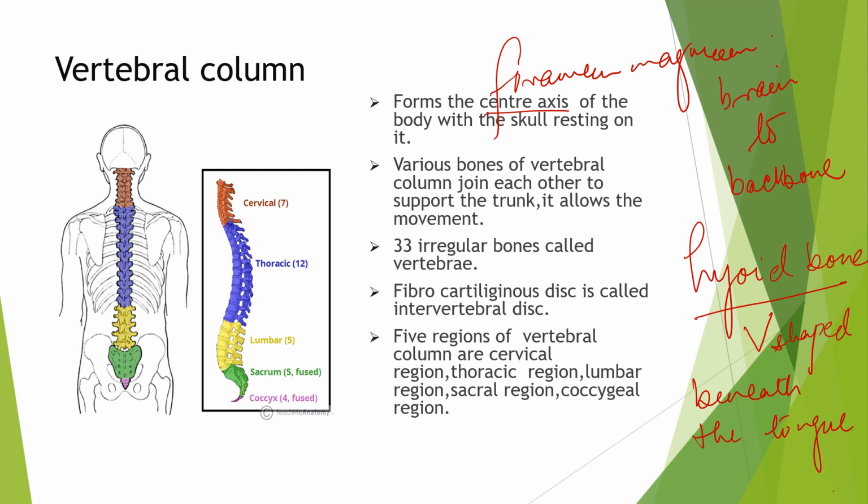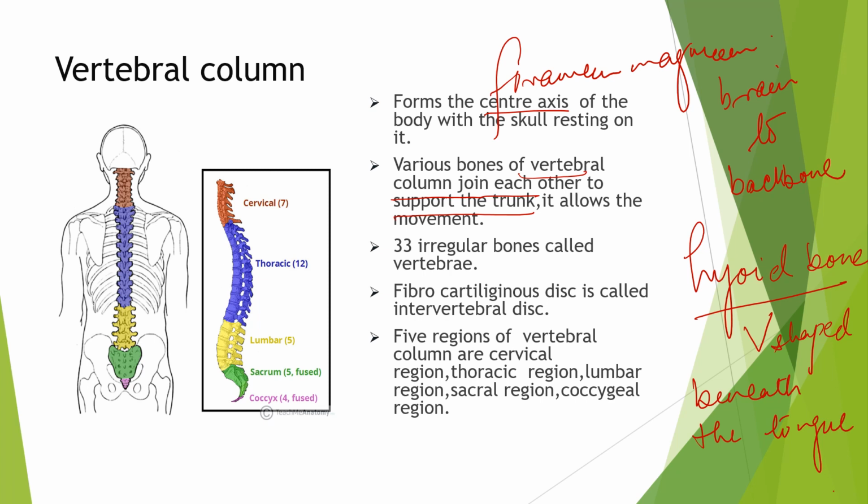We all know that there are various bones in this vertebral column which are connected to each other to give us the support for the movement. So we are studying the lesson for movement and locomotion, in which this vertebral column plays a very important part. And what is that important part? That important part is it is supporting the body. There are many small bones joined together to support the body for the movement.